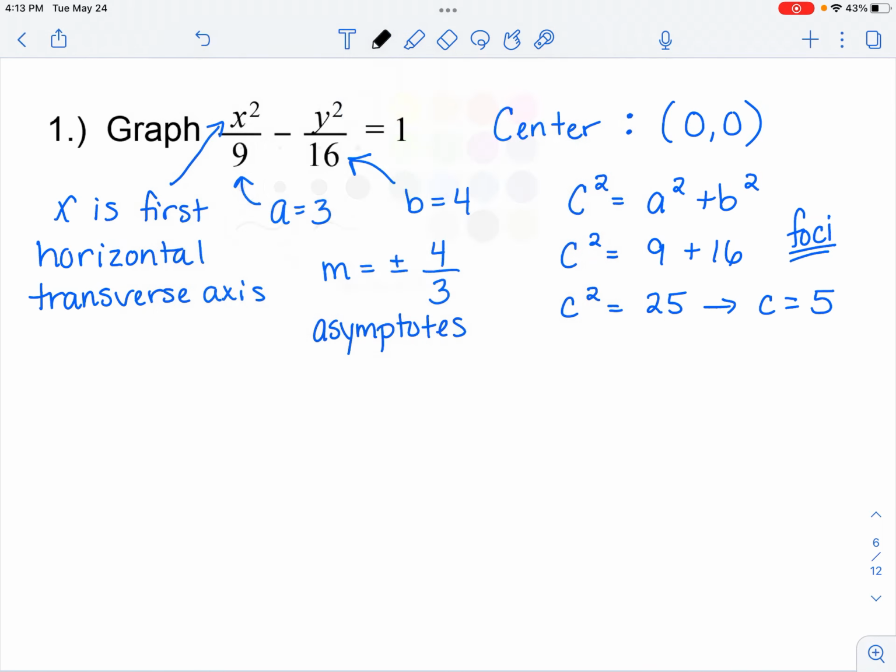All right, let's make a grid. Now we're centered at the origin. We want to do our best to evenly space things.